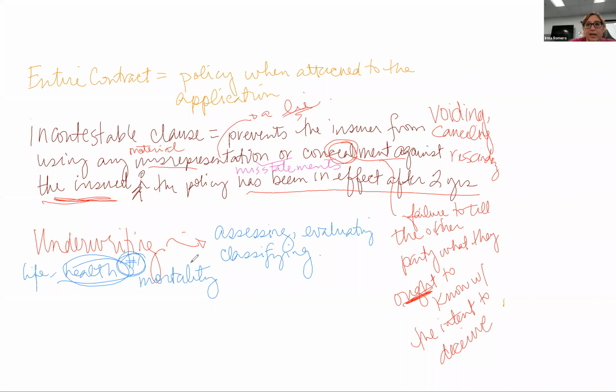Well, one, you're going to fill out an application. And the application has 3 parts to it. Part 1 of the application is general information, right? They're going to ask you your name, your phone number, your address, your social security number, what type of policy, who's your beneficiary, the amount of coverage, the type of coverage, all of that.